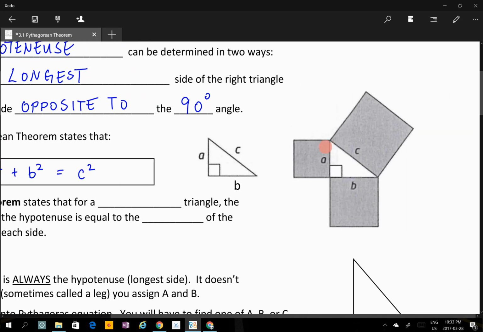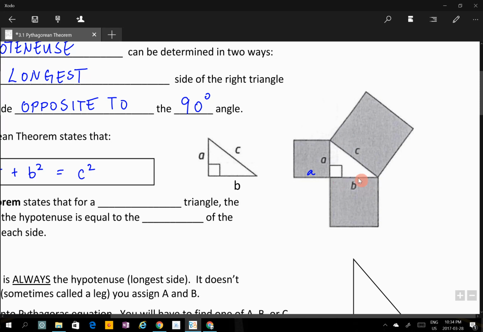Well, I look at this picture here. The length of this side of the triangle is A, and if you take A squared, that's just like saying the area of a square. If I made a square where all four sides of the square are the same as the length of this side of the triangle, then I have A over here and A over here, and the area of the square is A squared.